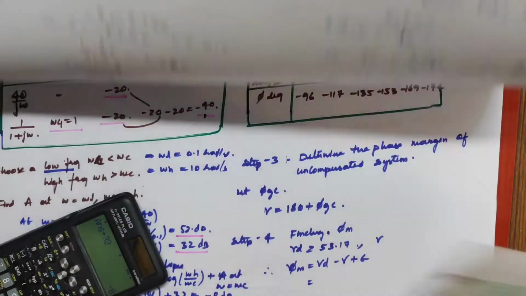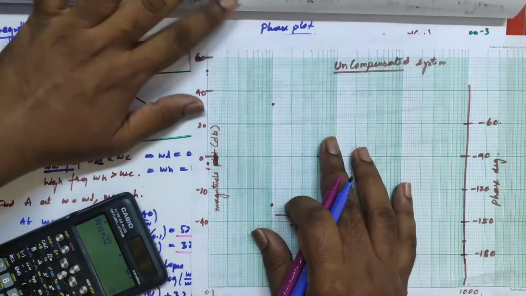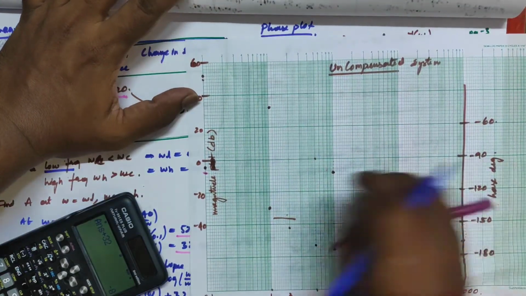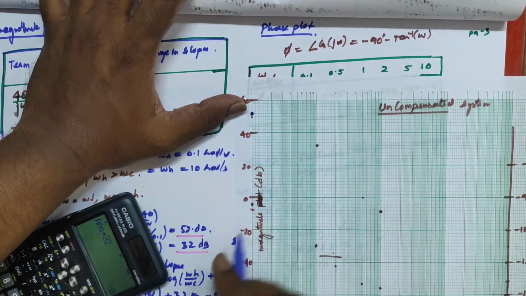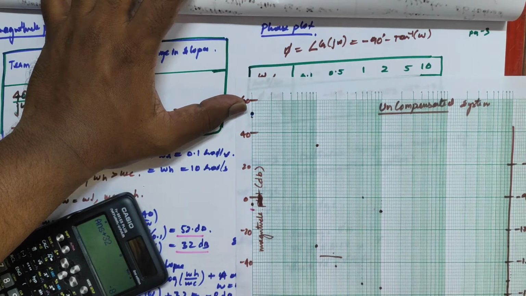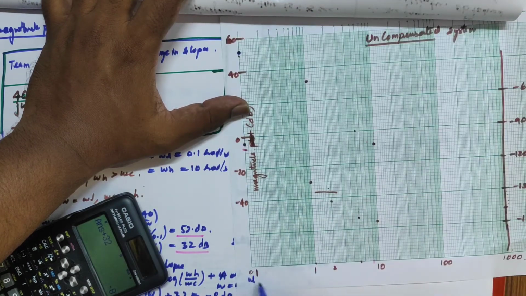So I have the semi-log sheet, and I'm plotting those values. So 52 dB is obtained at omega equal to omega L.